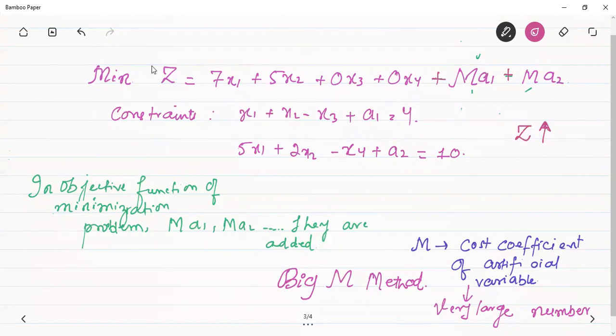But what is our problem? Our problem is of minimization. But ये करने से objective function increase हो रही है. But what we want is that z should decrease. Since z should decrease, therefore the table will operate in such a way that it would want to throw away a1 and a2. हमारा मकसद क्या है? We want that a1 and a2 should come out of basis.